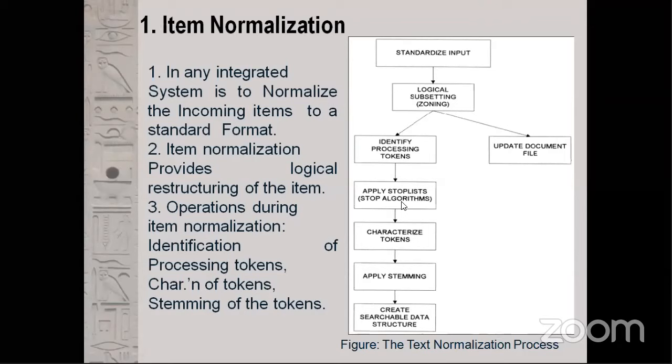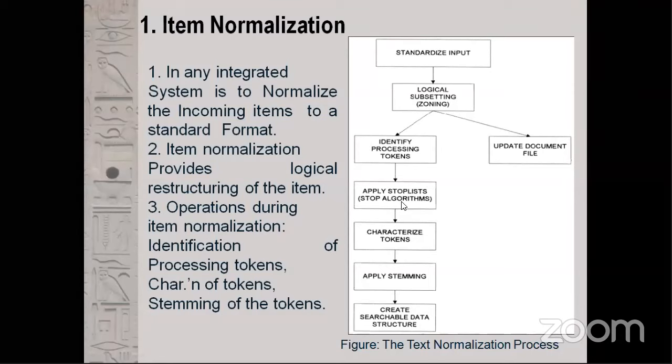One of the standard units that we have to use is ISO Latin, for some particular languages like English, French, Spanish, etc. So for this kind of language, we have to use one standardized format, that is ISO Latin, International Standard Organization Latin. So all the text may be converted into this standard format.